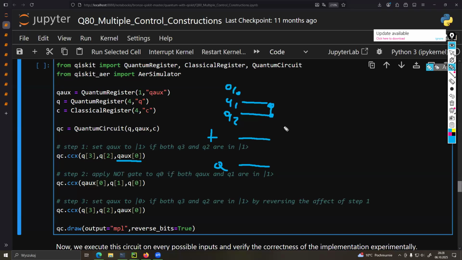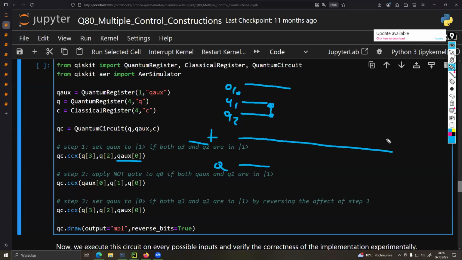But the reason that we would like to use that is this. So we could have done this. This is our target, right? So the operation goes as follows.